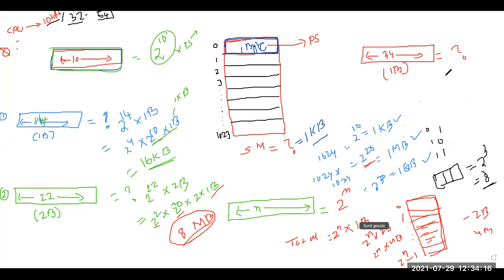Into correct computation. 2 to the power 4 into 2 to the power 30 into 1 byte. Now this will be GB. Now this will be 16 GB. Okay, 16 GB memory.